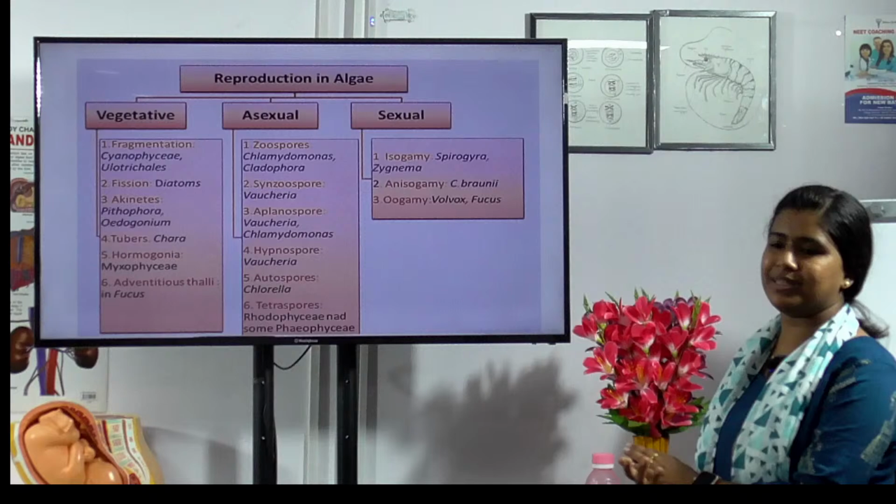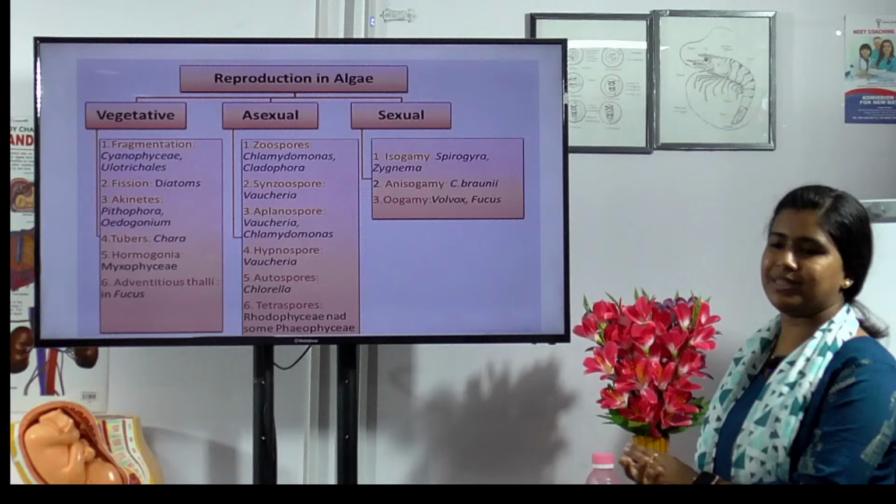This is Chlorophyceae, called green algae, so they will be green in color, and they are unicellular or colonial. The cell wall contains cellulose as the inner layer, and the outer layer is called pectose. What is pectose?